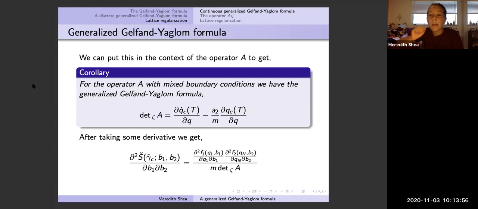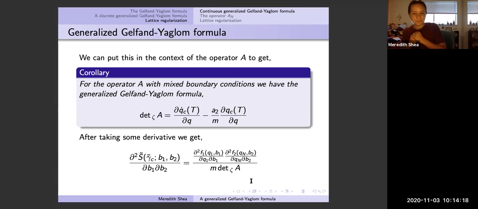Okay. And then lastly, we had been writing these Gelfand-Yaglom type formulas in terms of the derivatives of the action functional. So I want to do that. I'm taking derivatives with respect to these parameters B1 and B2, and I get this very nice looking formula.